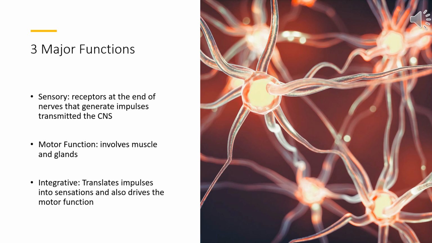Starting simply with the sensory, it is receptors at the end of the nerves that generate impulses transmitted from the CNS, which I stated in the previous slide is the central nervous system. Then you have motor function, which involves your muscles throughout the body and the glands. And lastly, the integrative, which translates impulses into sensations and also drives the motor functions.